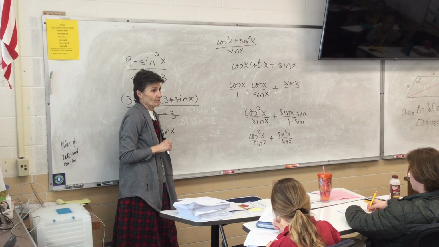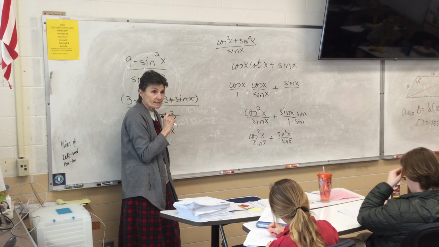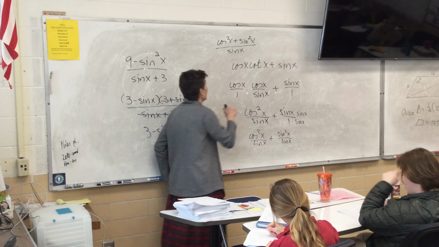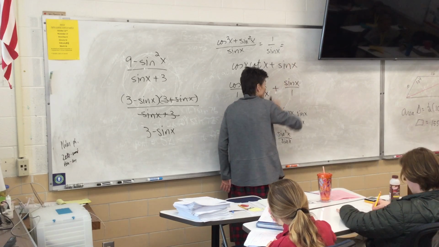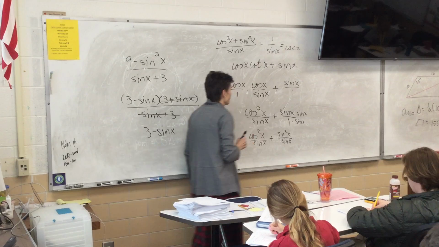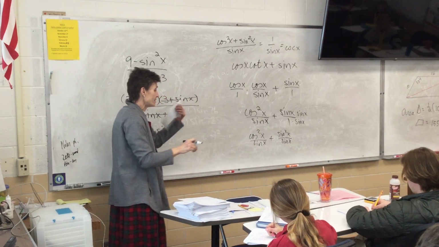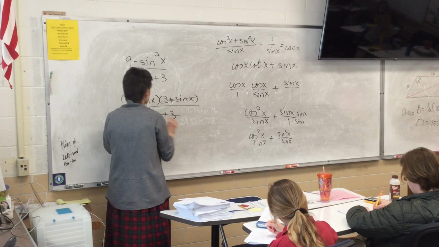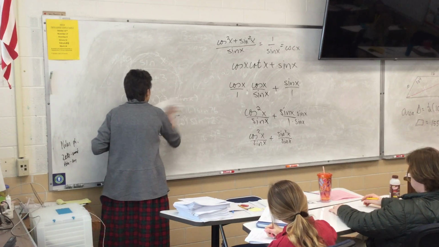Look at that numerator. That's 1. The numerator is 1. Sine squared plus cosine squared is 1. So we have 1 over sine. And what's 1 over sine? Cosecant. That's a tough problem. You will not see anything harder than that, for sure. That's as tough as you're going to get on your test.